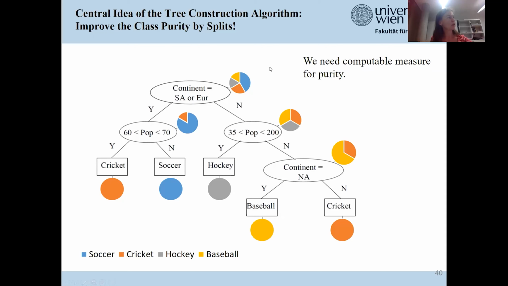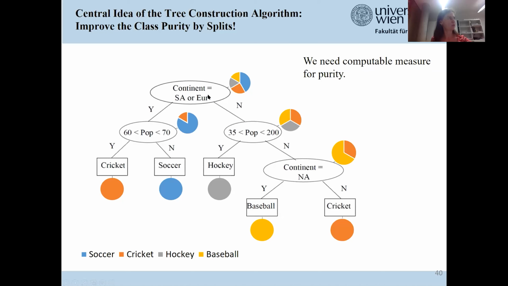So essentially what you can see here are some diagrams where I just color coded the class distribution of your data inside the nodes. In the root node, you have all the data objects from our training data table. And this table consists of 11 objects. In color coding, you can see the majority class in our training data is soccer, followed by the classes cricket, hockey, and baseball, which are the smaller ones.